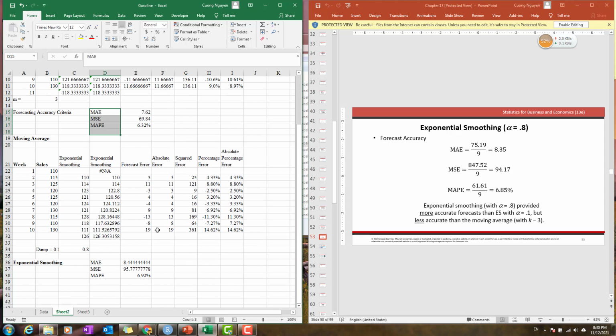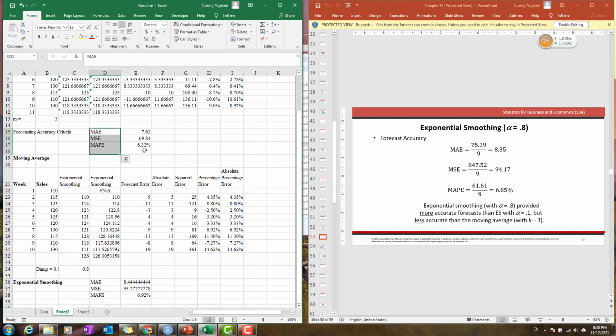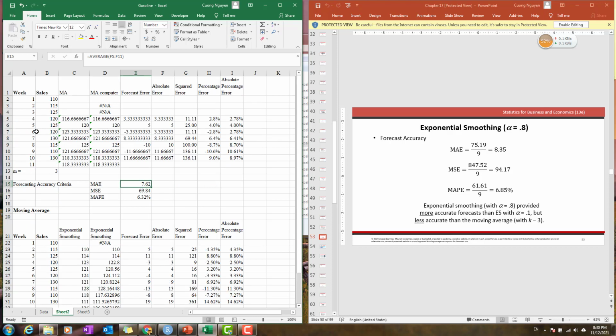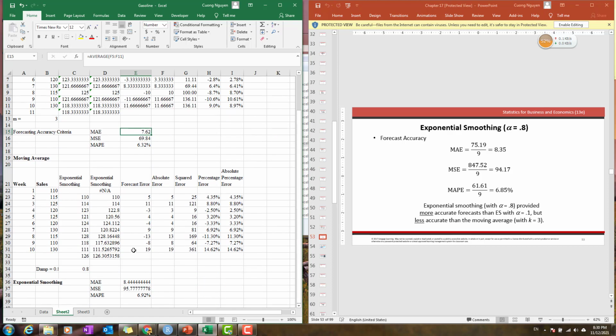So based on the two models, you can see that for the forecasting, the moving average has smaller error compared to the exponential smoothing, right? You see for MAE, this will be smaller than the one generated by the exponential smoothing method, and also for MSE it's smaller, and MAPE it's smaller.